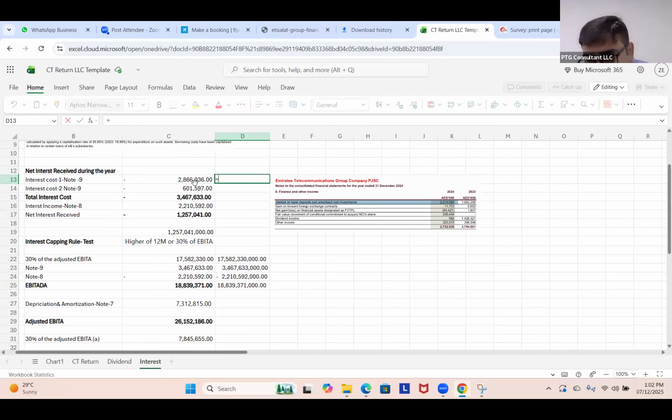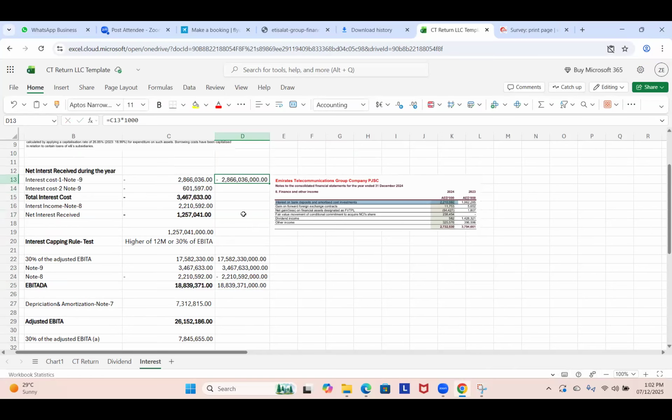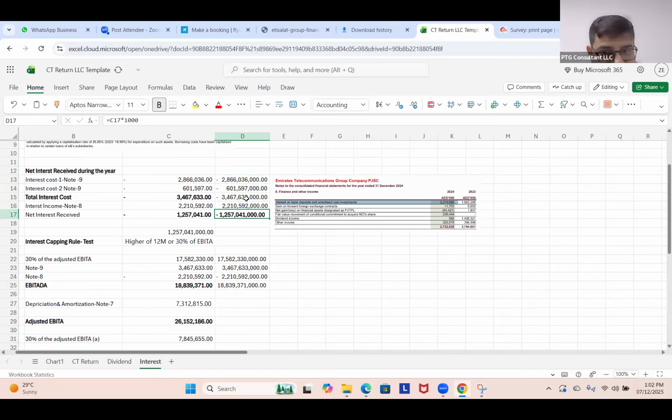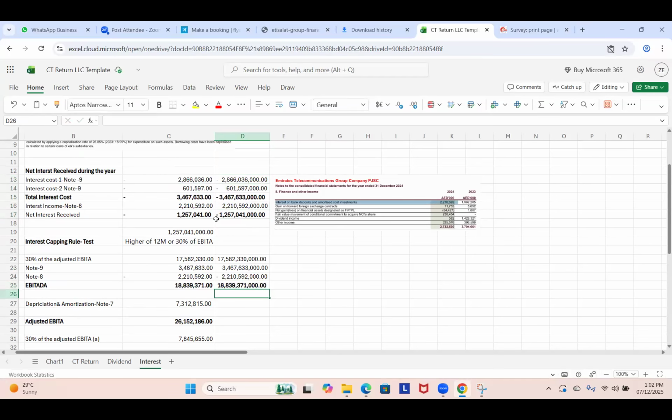Somebody already did this multiplication. They converted it into 1,000. Yeah, here now. So it is 100,000 million, 1 billion interest and adjusted EBITDA.